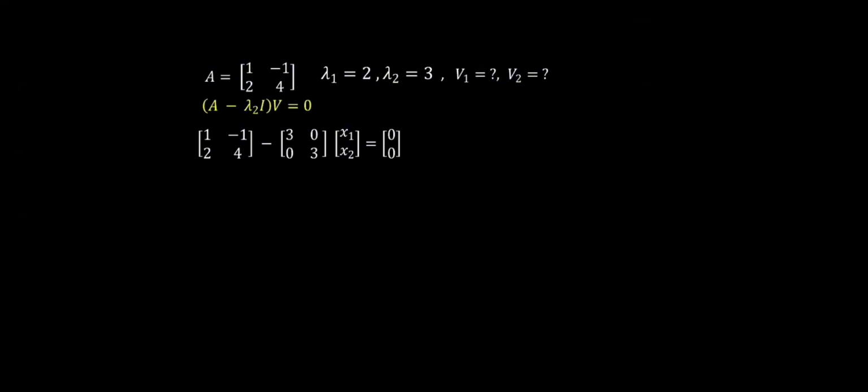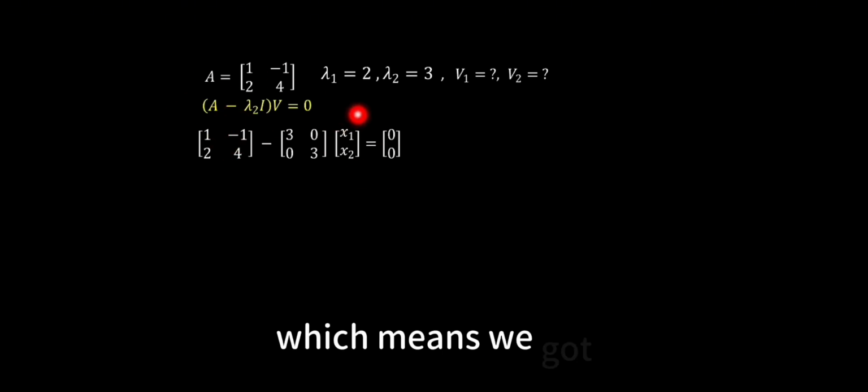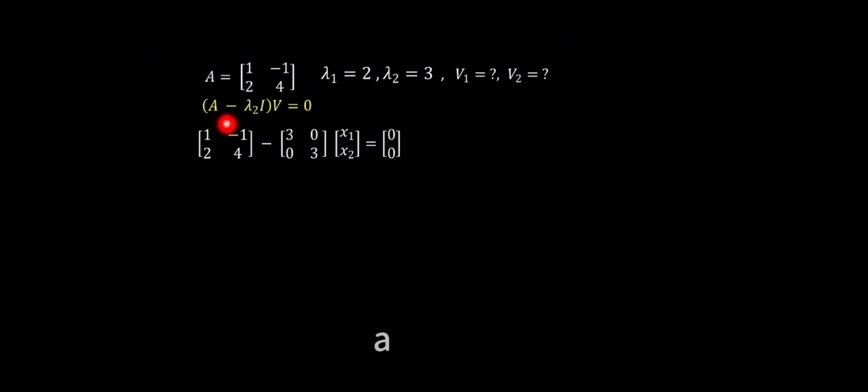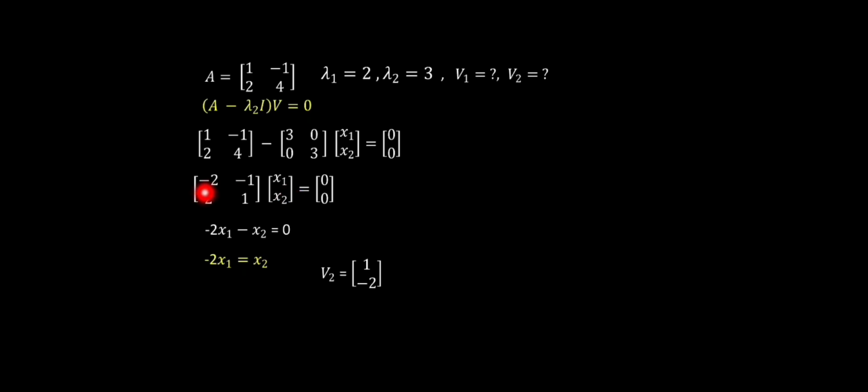Next, we're going to find our vector 2, which means we use A minus lambda 2, which is 3, times the identity matrix, times v, equal to 0. So we substitute [1, -1; 2, 4] minus 3 times the identity matrix, [3, 0; 0, 3], times x1, x2, equal to 0. We get [-2, -1; 2, 1].